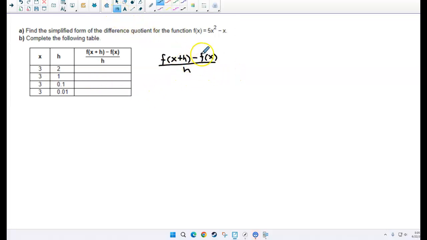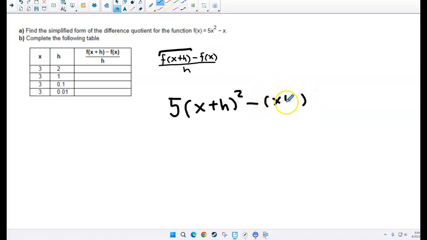So to get this done, we've got our function, and everywhere we see x in our function, we're going to plug in x plus h in order to get this first term here, f of x plus h. So instead of 5x squared, I have 5(x plus h) squared minus, instead of x, (x plus h). So there's our first term of our difference quotient.